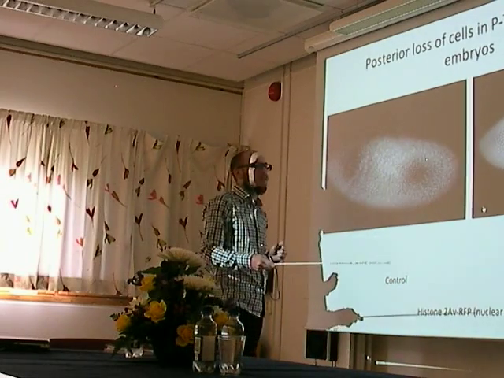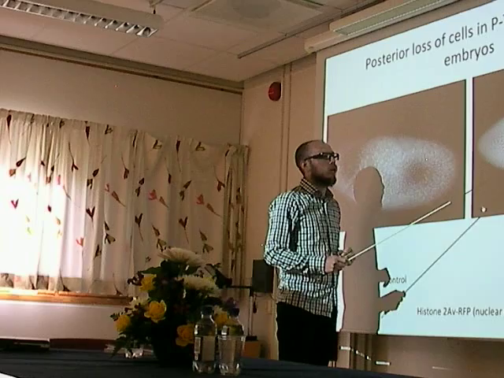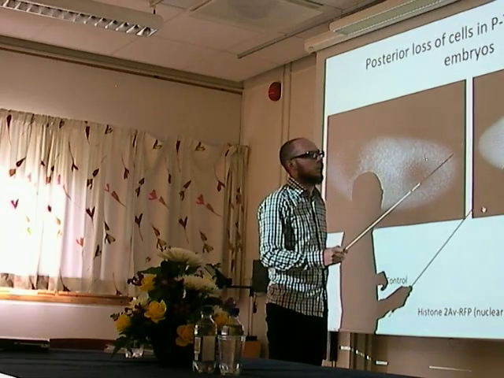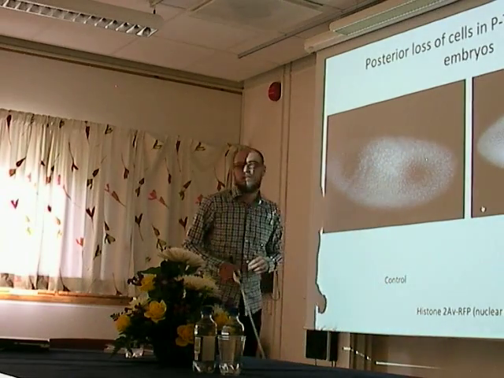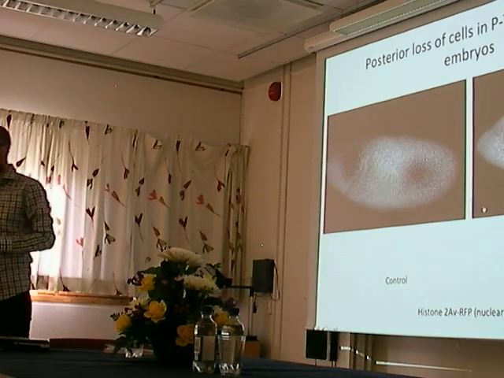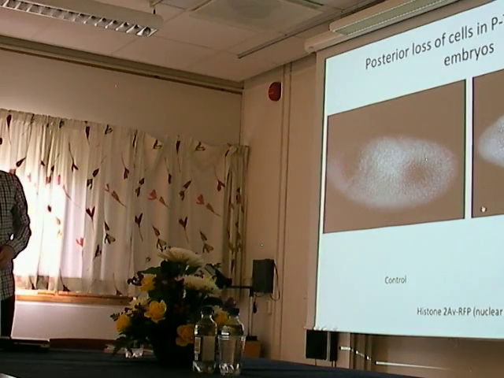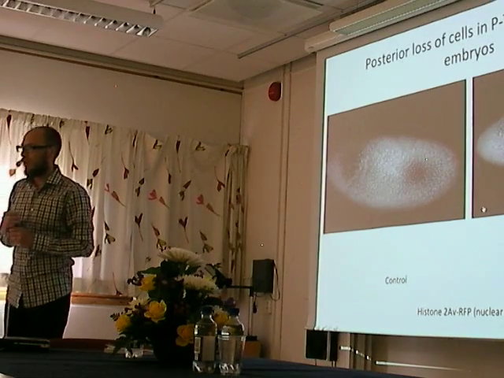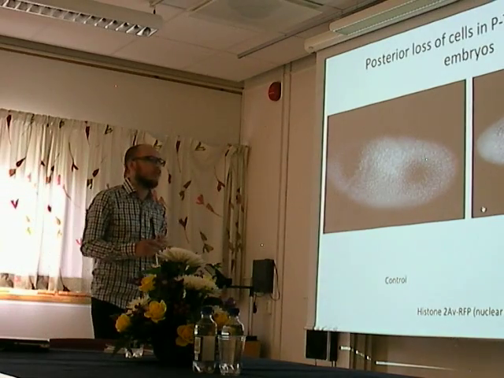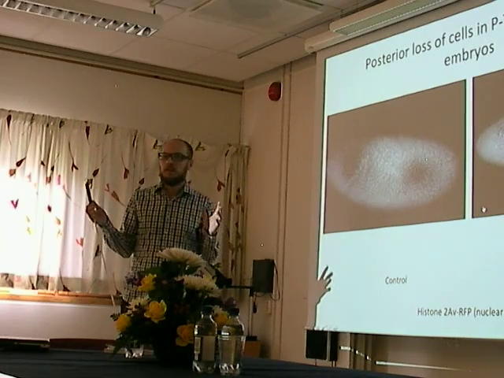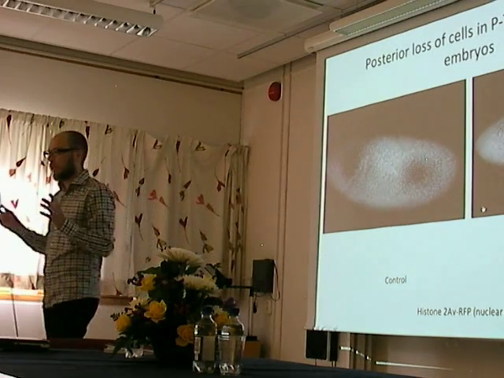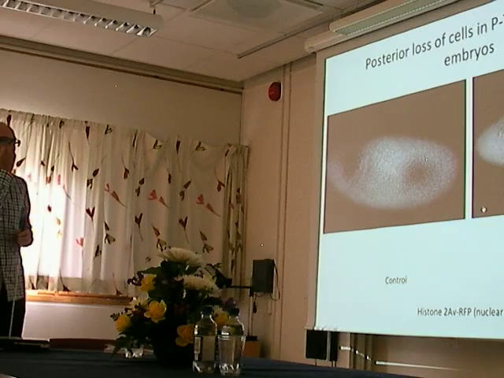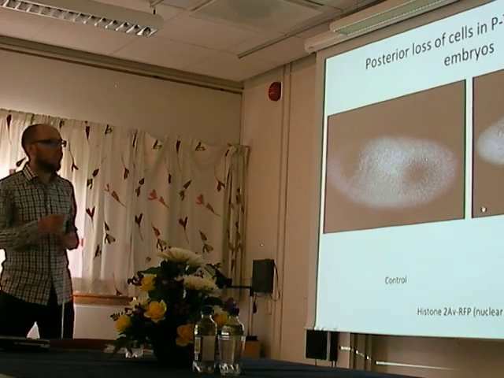It's just prior to gastrulation that something happens. So here we see a loss of cells in the posterior part of the embryo. And this embryo is not going to survive. So here we clearly see that the embryo first has nuclei throughout the embryo, and then later these posterior cells are lost.